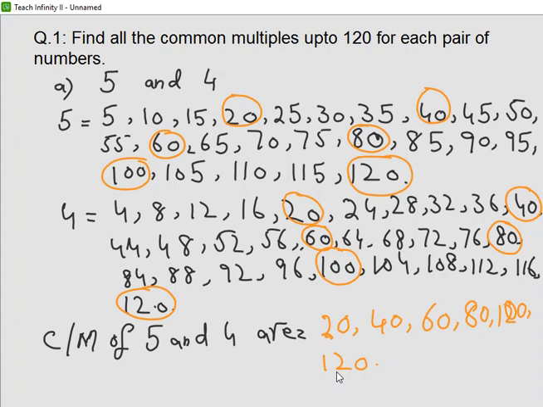Now come to the next question. That is 10 and 7. First we have to find the multiples of 10.